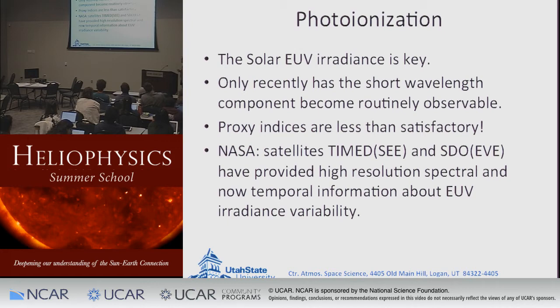TIMED, with its one great spectrum per orbit, and then SDO with its EVE instrument, generated very high time cadence data, resolving flares and what the Earth was receiving. So we're reasonably well covered for the EUV, but not so for the flares yet.